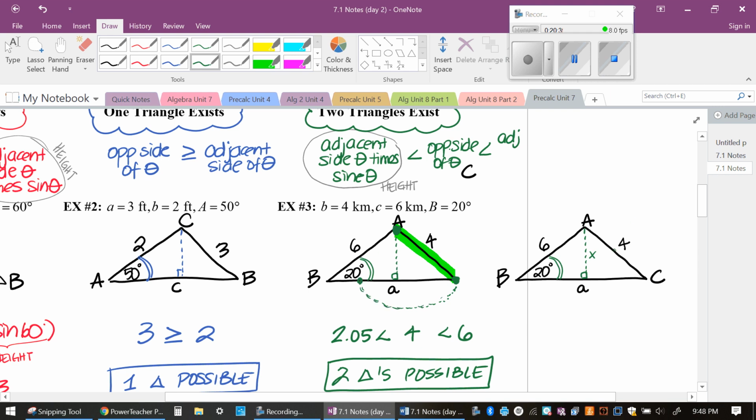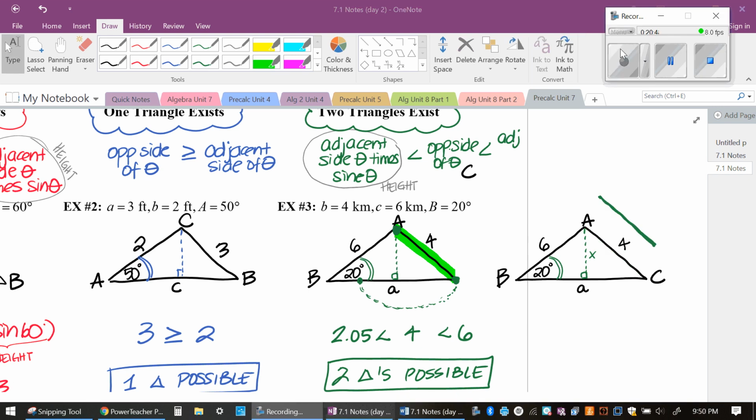So if I were to take that length of 4, so I just copy the length of 4. Let me show you. This 4 I got from here.